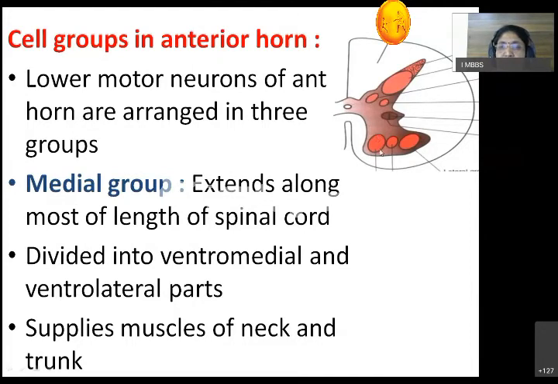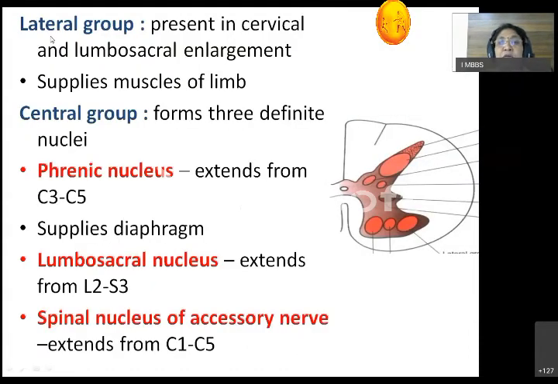And this medial group is divided into ventromedial and ventrolateral parts. What is the function of these medial group cells? These medial group cells supply muscles of the neck and trunk, including muscles of the abdominal wall and intercostal muscles. So the medial group extends throughout the spinal cord and it supplies the muscles of the neck and trunk. Whereas the lateral group, here you can see this is the lateral group.